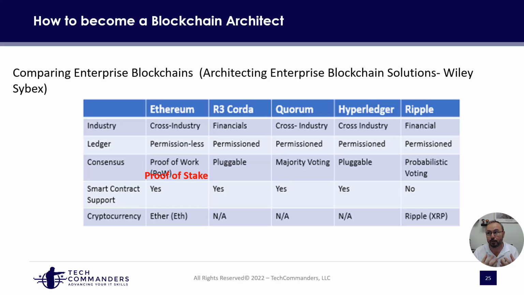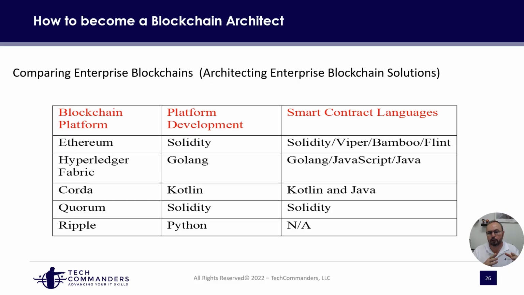Pre-sales focused blockchain experts should be able to easily rattle off differences between Ethereum, Corda, Quorum, Hyperledger, and even Ripple, and a lot of the others, like Solana, for example. Comparing enterprise blockchains as well, being able to not only understand the blockchain features and architecture, but also development. So being able to compare how you develop smart contracts over here versus over there.